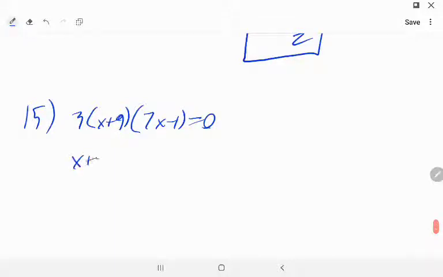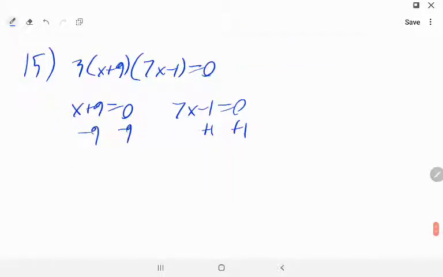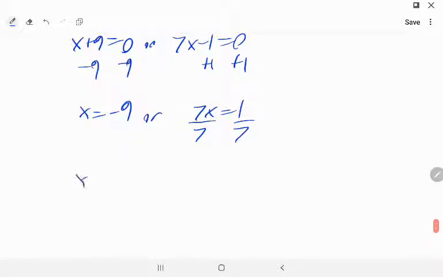So we're just looking at when x plus 9 equals 0 and when 7x minus 1 equals 0. Subtract 9, add 1. We wind up getting x equals negative 9, or 7x equals 1, divide by 7, and so x equals negative 9, or x equals 1/7.